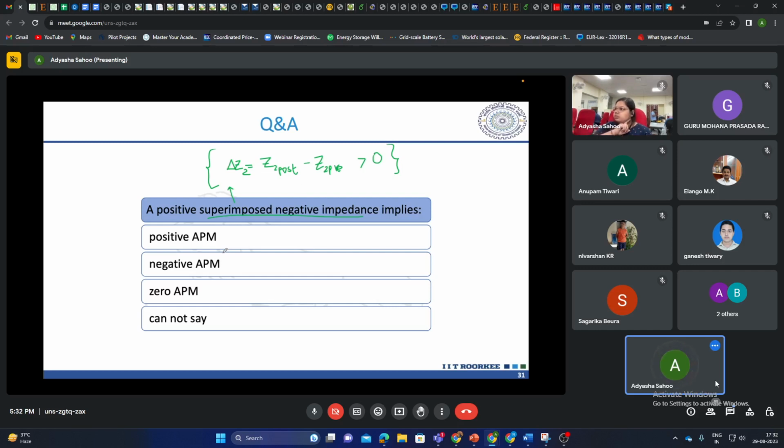Anyone? Maybe positive active power mismatch. Okay, we got one positive active power mismatch. Anyone? Okay, we got another positive active power mismatch.